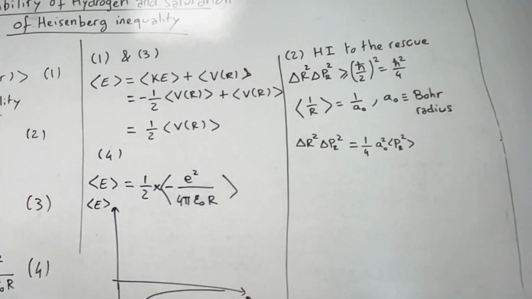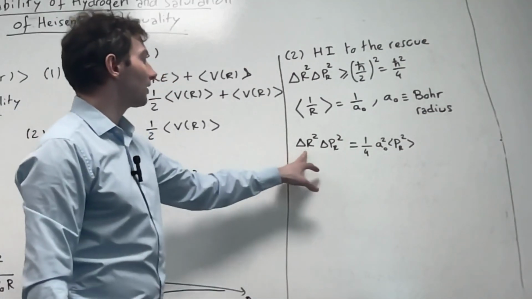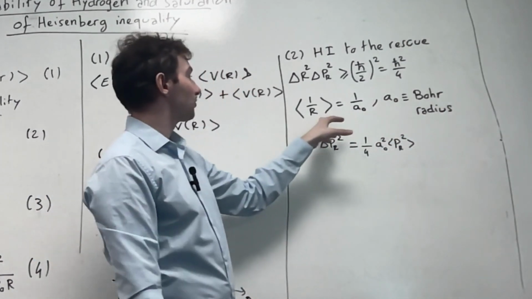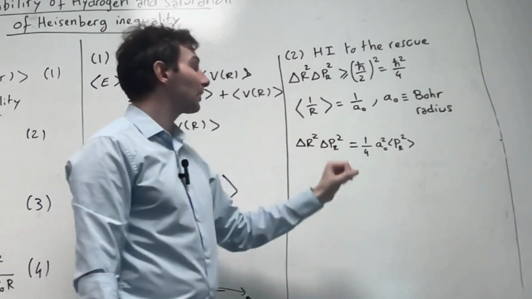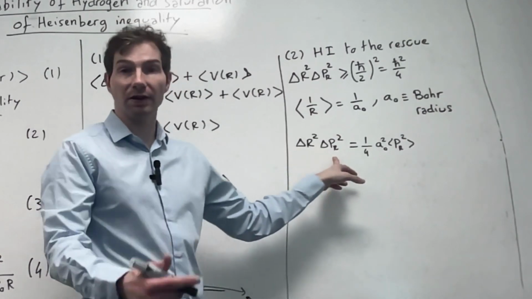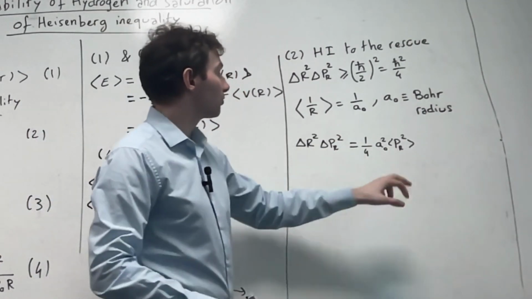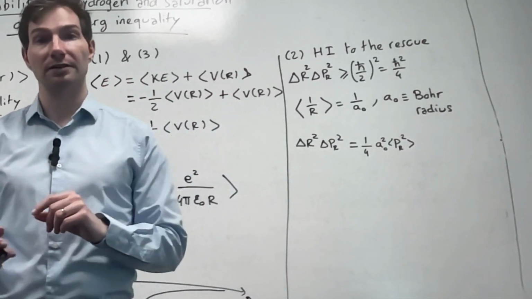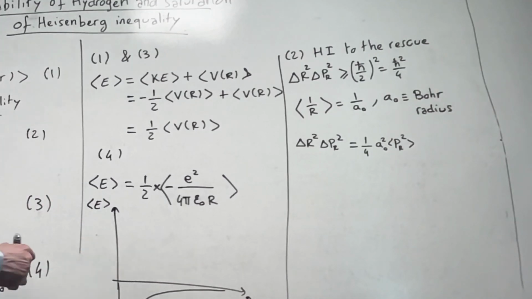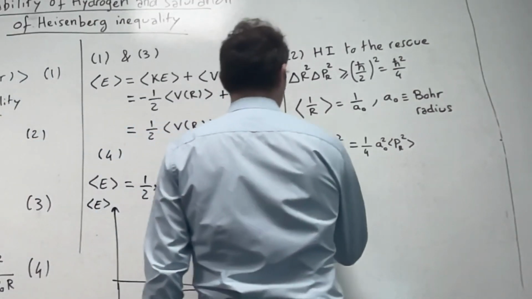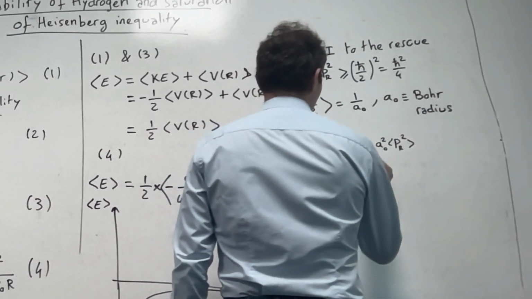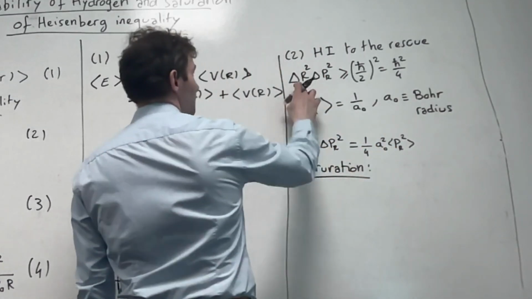You see the dimensions are the same. In terms of characteristic length, it makes sense because this is related to the expectation value of 1 over R. But there is some aspect coming from the variance of PR that I'm relating here to the expectation value of PR squared. So there are multiple things that happen all at once, but that's what I'm asking. Then I'm asking for the saturation of the Heisenberg inequalities.